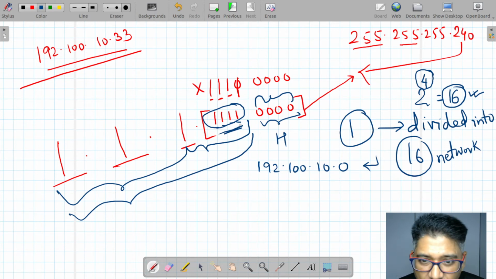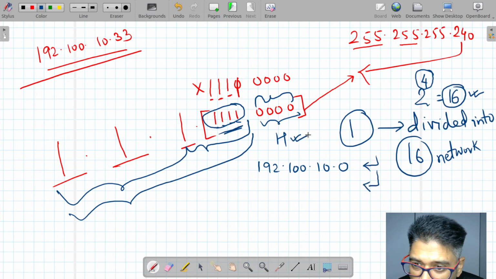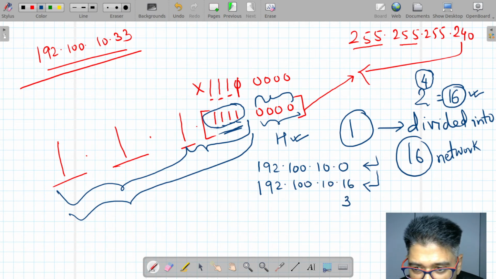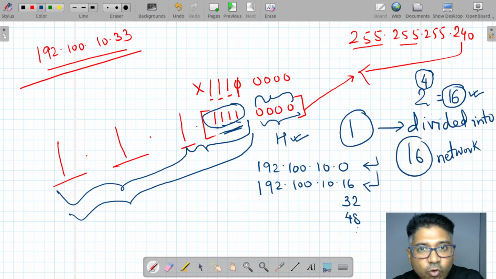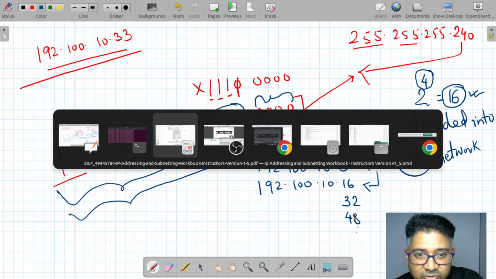Here, fortunately, we have network bits equal to host bits, right? Always remember, the next network comes on the basis of your host bits. So after 16 will be another network: 100.10.16, then 32, then 48, like that. These are the networks.